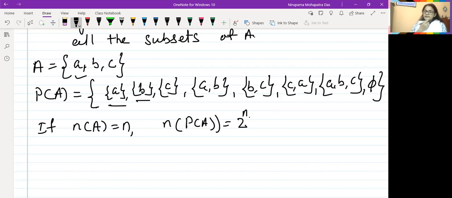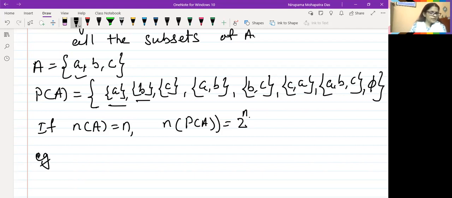Okay, so it is based on the concept of finding all possible subsets. Once you are familiar with how to find the subsets of A, you can get the power set of A. So here you may get questions like this: find all the subsets of A. Suppose let me take one example.